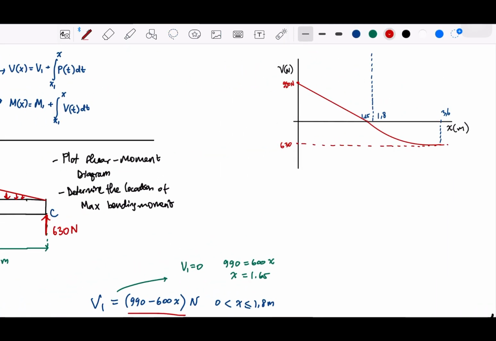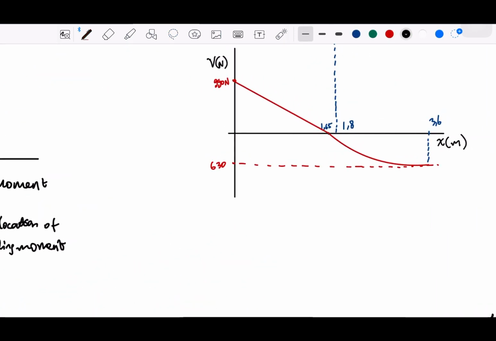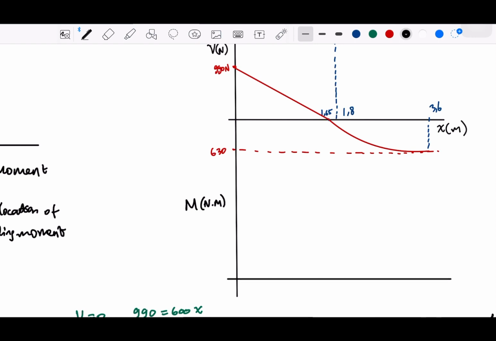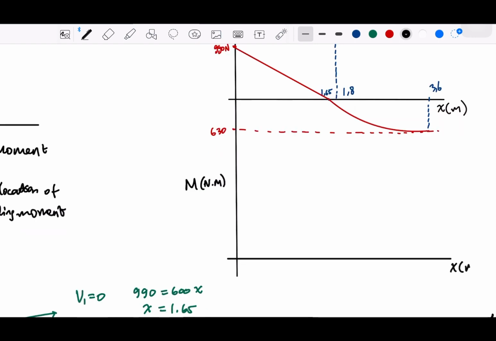Now, let's expand the V and then take this as M. And this is X.